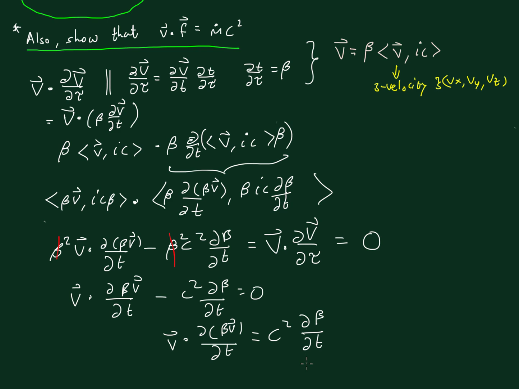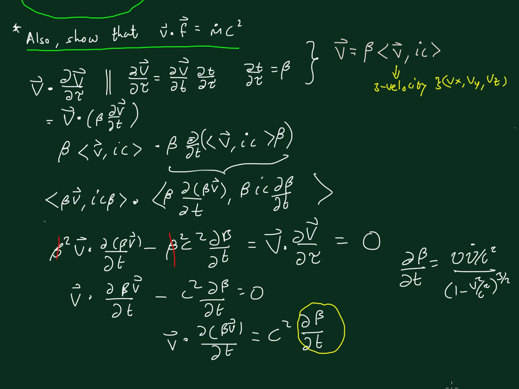Now, in the last video, we also came up with another identity for this term right here. The identity was that d beta/dt is equal to v v dot divided by c squared, all over (1 minus v squared over c squared) to the power of 3/2.